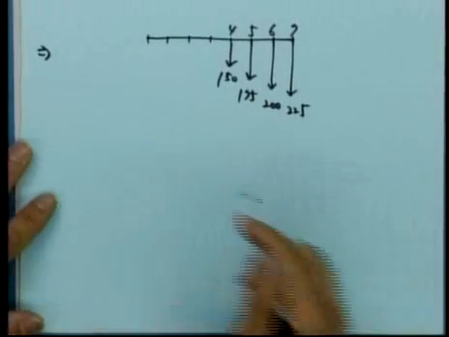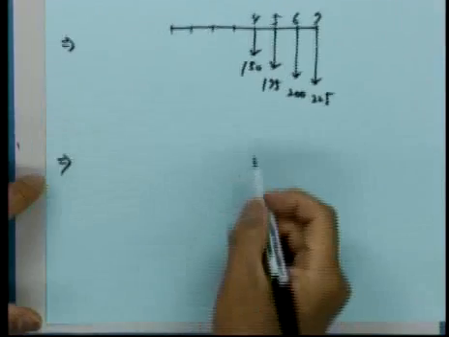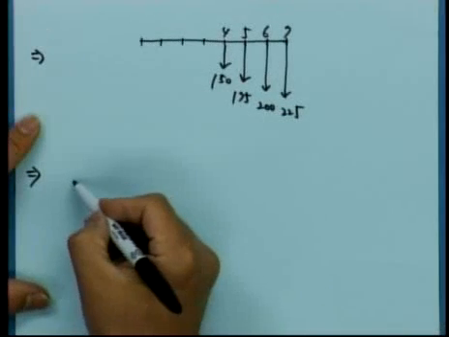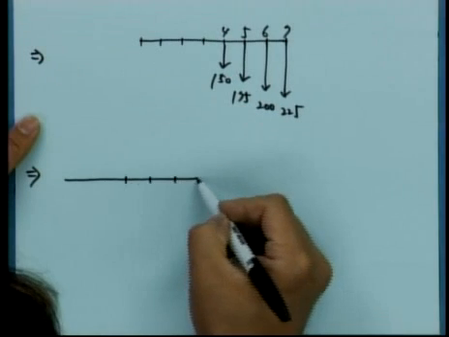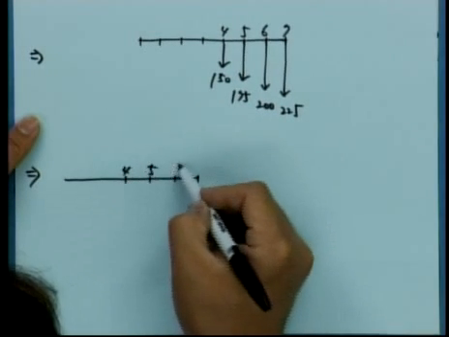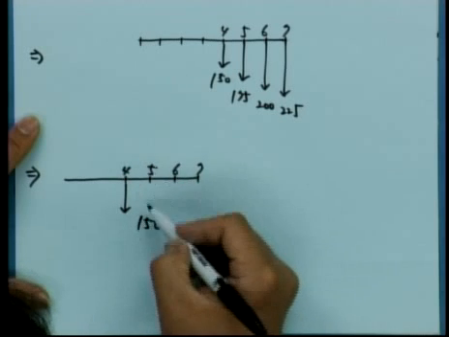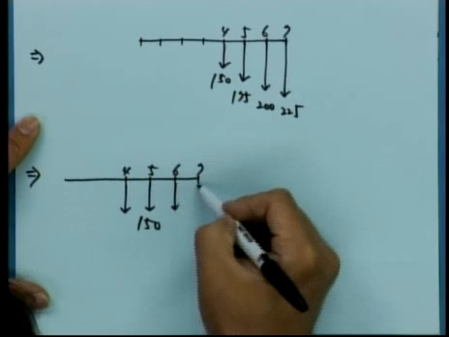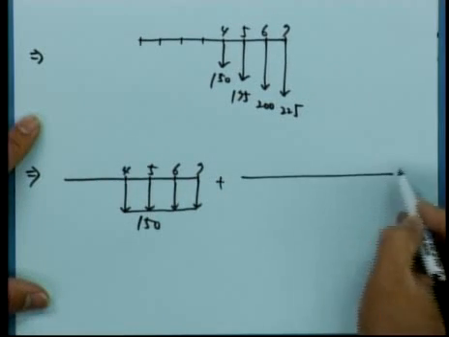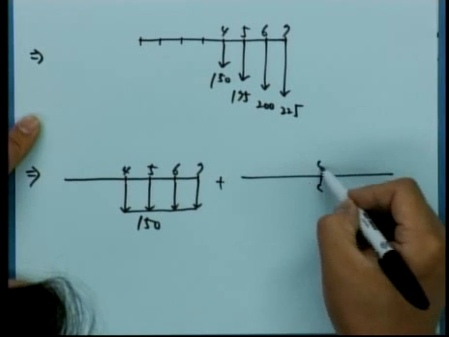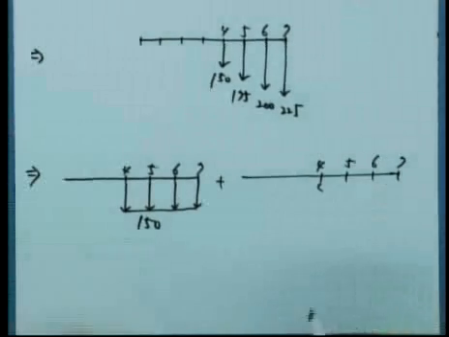So here we want to take out $150 annually. So here 4, 5, 6, 7, $150 each. Then what is left over? 4, 5, 6, and 7.